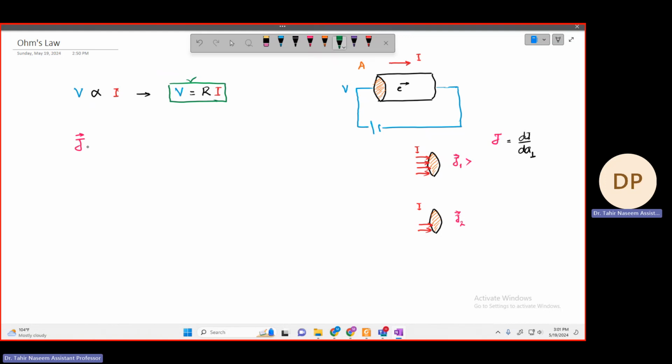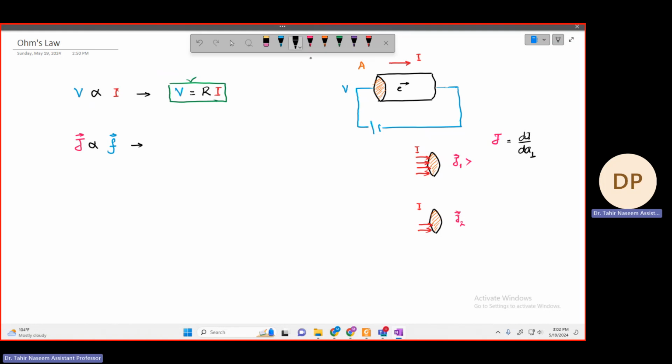How can we write that? Basically I can say that the current density is proportional to the force under which the charges move. This is force per unit charge, the force which is experienced by a single charge. So current density will be proportional to the force applied per unit charge, right? If we apply larger force, we will have larger current density, and if we apply lesser force, of course we will have lesser current density.